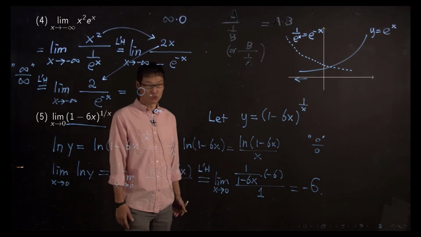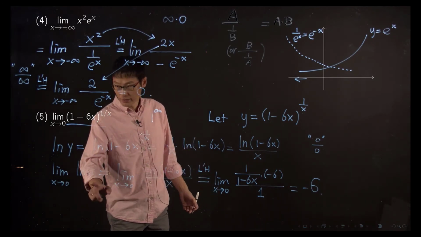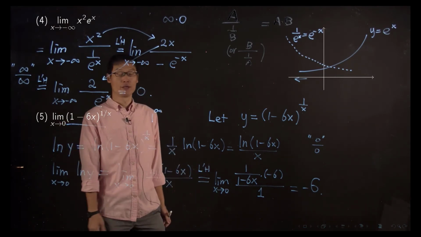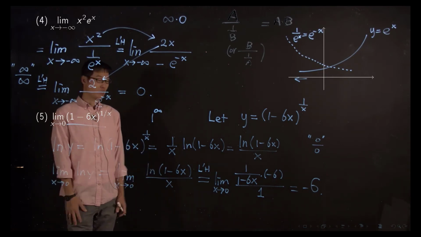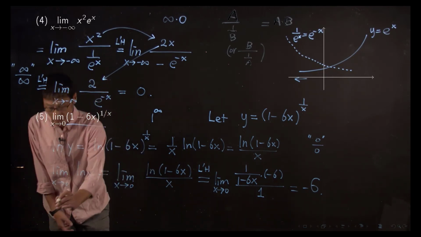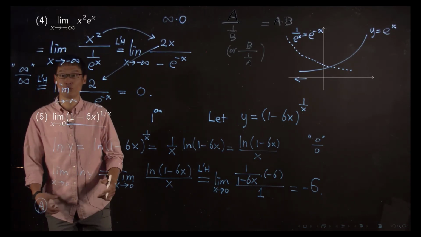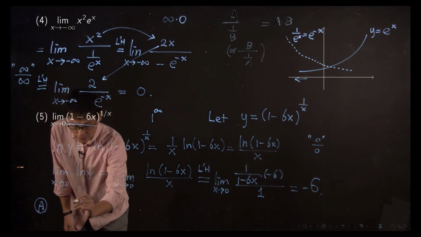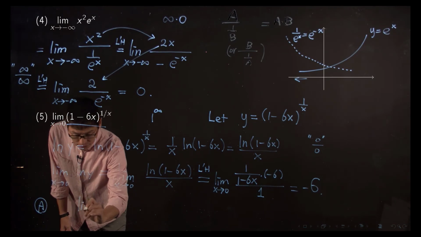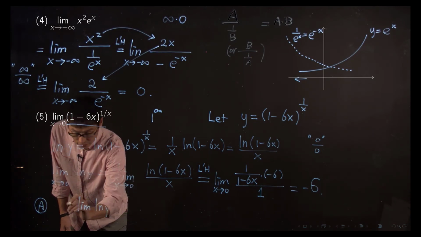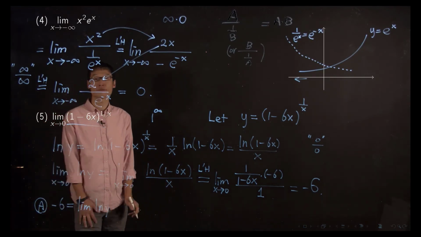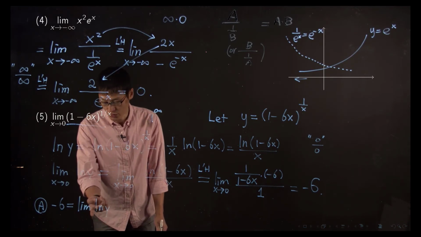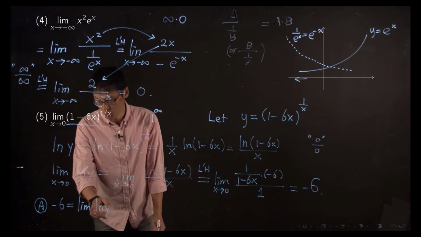So we applied L'Hopital's rule to find the limit of ln y, and we want to find the limit of y itself. So we need one more step. To figure this out, we can use a couple of ways. The first way is we can use the property of continuous functions. What we have is that the limit of ln y is negative 6. Well, ln is a continuous function, so you can switch the order. Originally we had ln followed by limit.